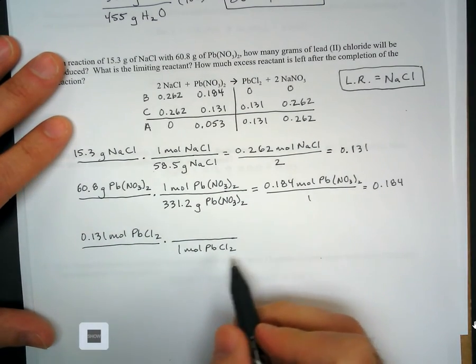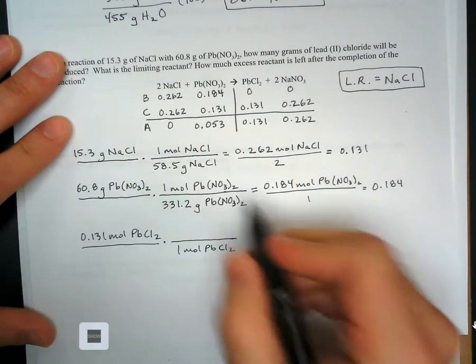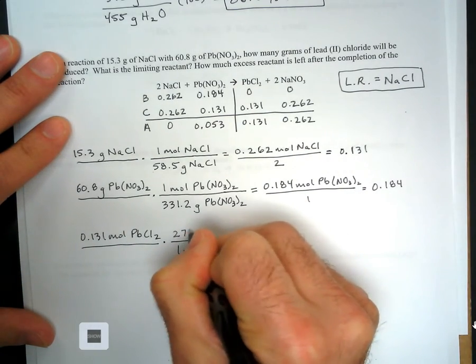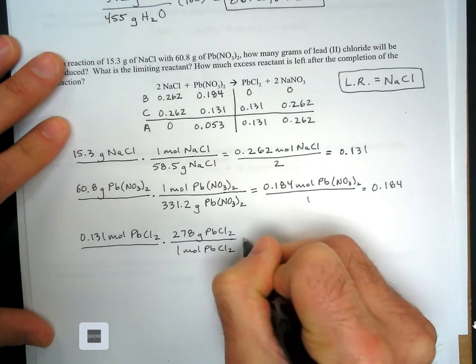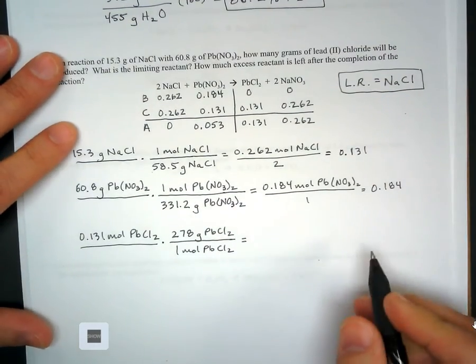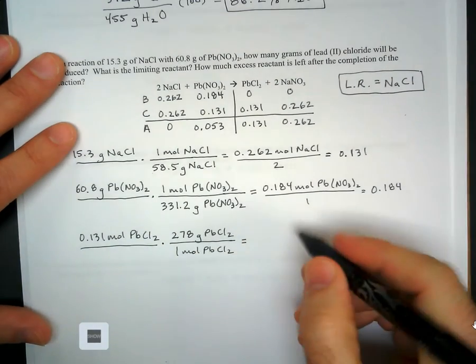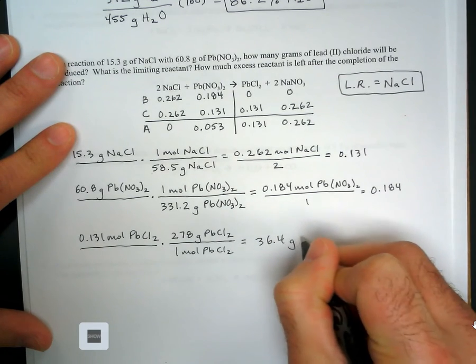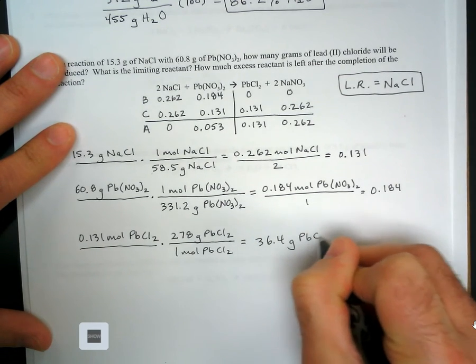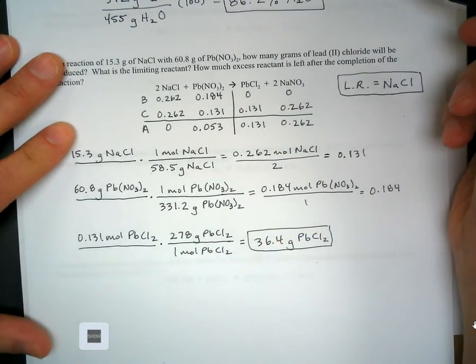The mass of PbCl2 comes out to be 278. And significant figures should be 3, so this comes out to be 36.4 grams of the lead 2 chloride. So that answers that part.